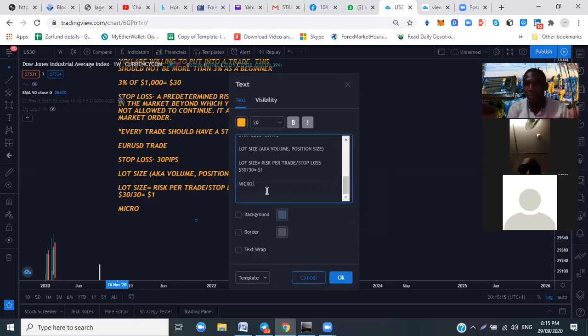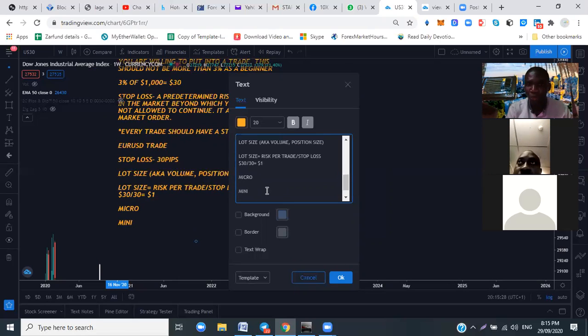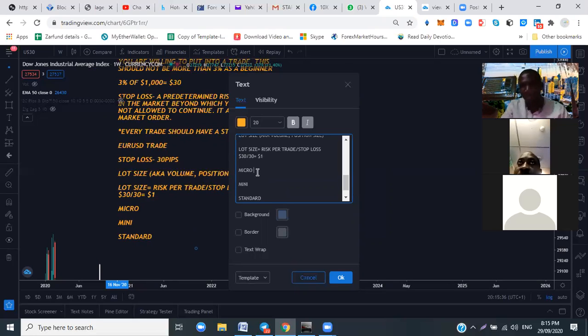Sometimes brokers tell you that they are giving you a micro account or a mini account, or a standard account. But basically it's about lots: there's micro lots, there's mini lots, and there's standard lots.